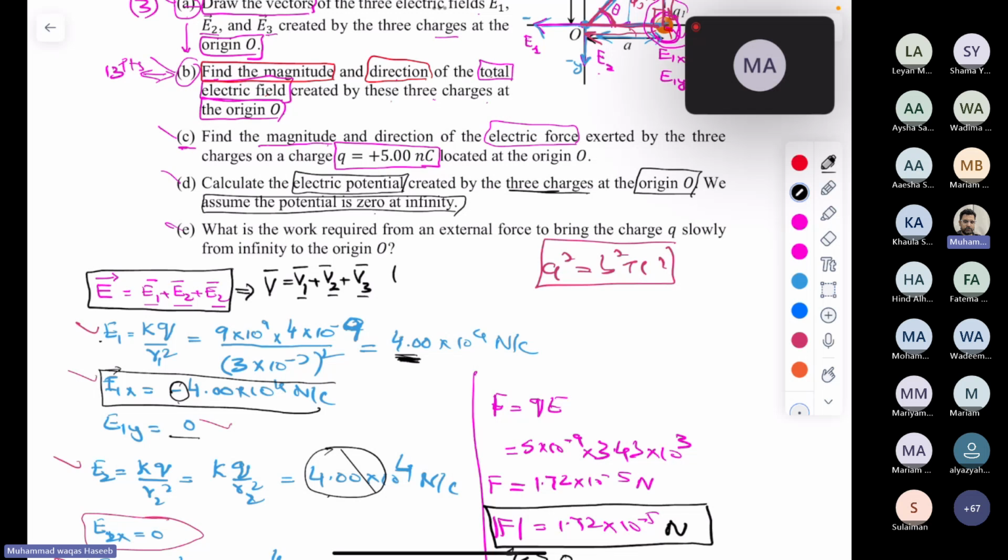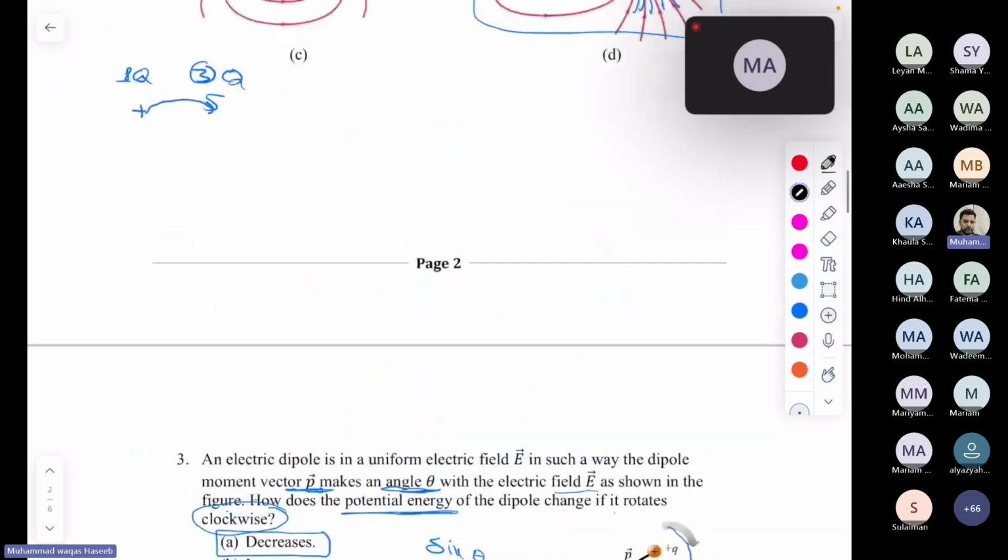Potential is a scalar quantity, so we don't have to worry about the direction. Just calculate the electric potential due to a point charge.